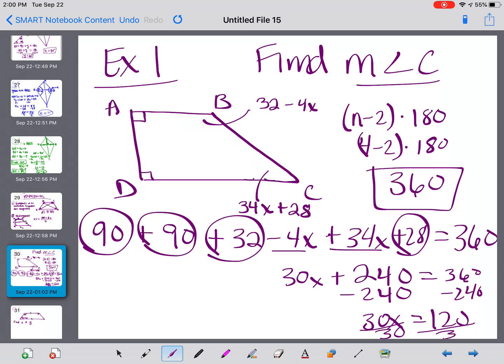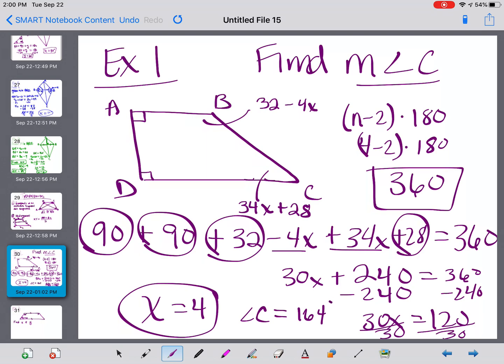Divide by 30, and x equals 4. Since x equals 4, we can plug it in to figure out the measure of angle C. So we got 34 times x plus 28. 34 times 4 equals 136, plus 28. Angle C equals 164 degrees.